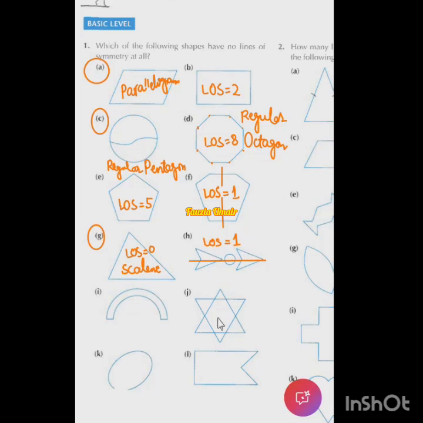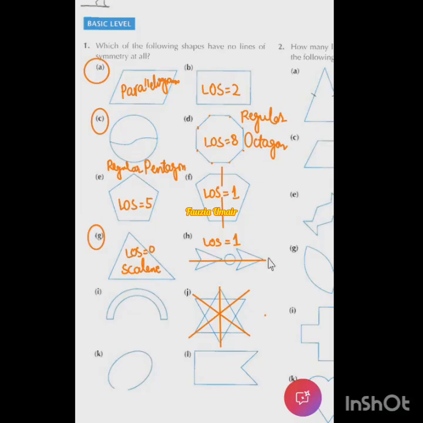So what about this one? Ma'am, it is 1, 2, 4. Four or 2. One is vertical, then one is horizontal, like this, and the other is like this. So basically, ma'am, this is our triangle.